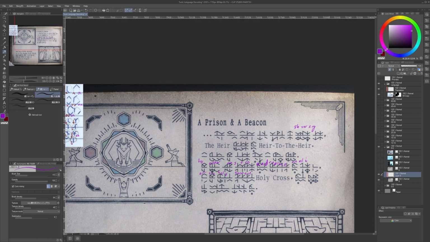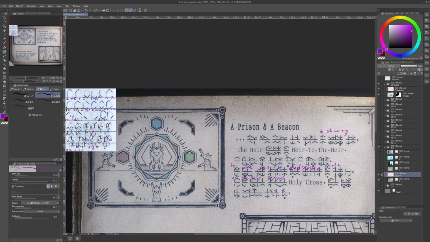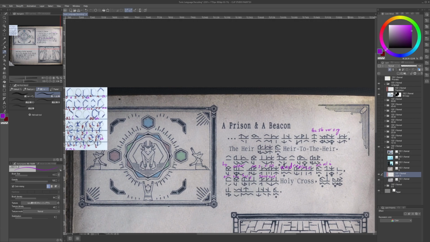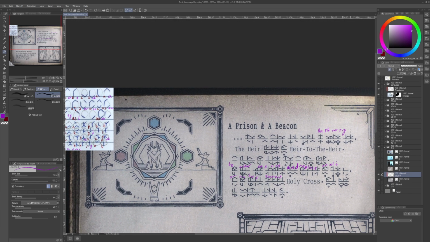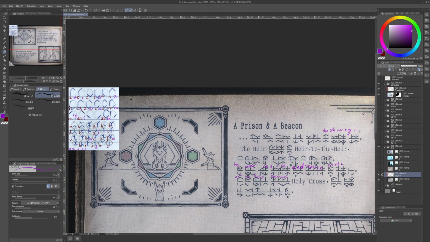That's why it's at the end. Shivering. Maybe. This is the, isn't it? But shivering. A shivering ring.